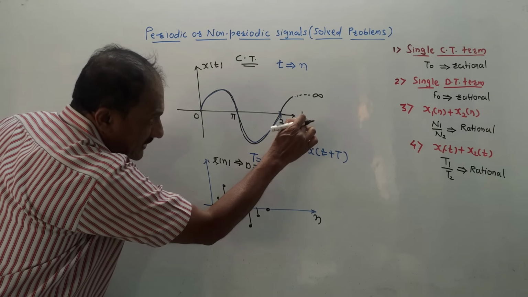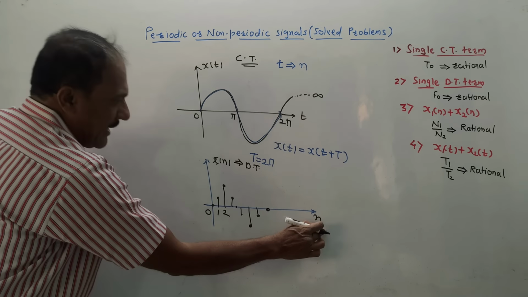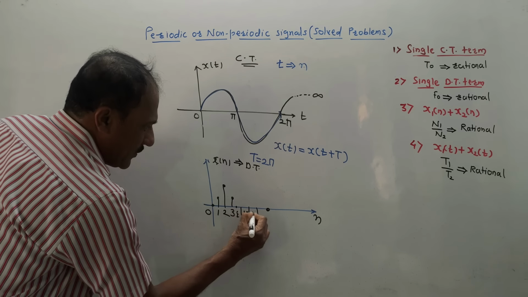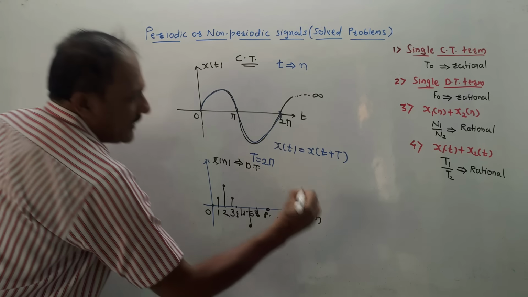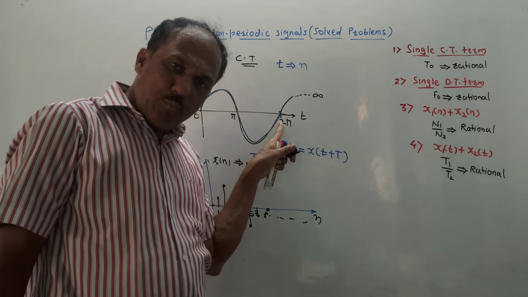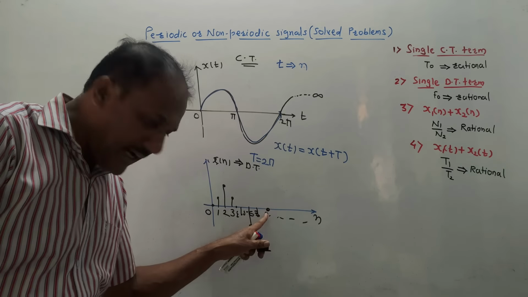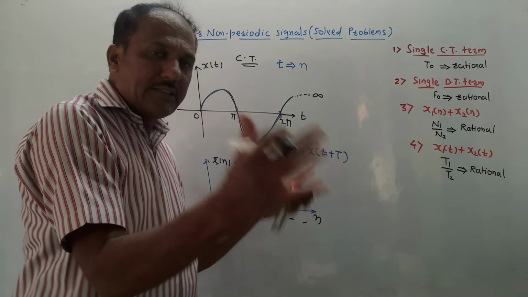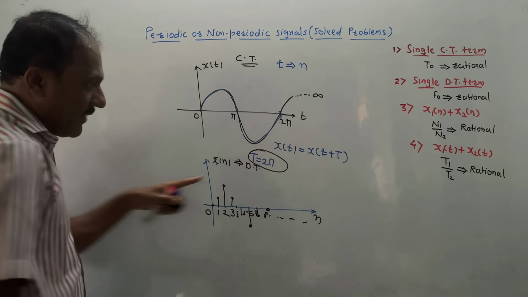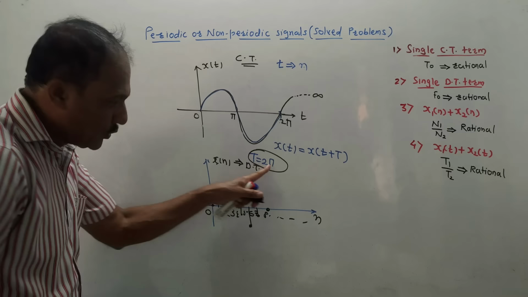On the x axis, instead of t, I will have to mark n, and the numbers are 0, 1, 2, 3, 4, 5, 6, 7, 8 and so on till infinity. Like in this case, the signal repeats after the value 2 pi. By the same analogy, after 8 numbers, the signal repeats. This is called the fundamental period. In a CT signal, the fundamental period is T equals 2 pi.